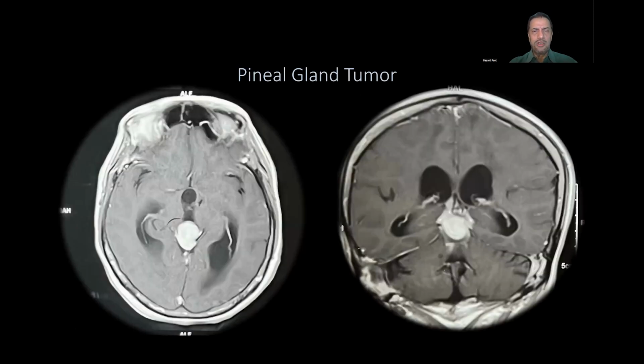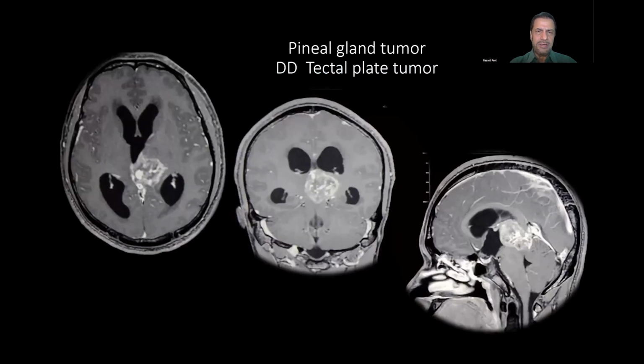And this is a pineal gland tumor, which is quite brightly enhancing, in the posterior aspect of the third ventricle. And there's also hydrocephalus on both sides, as you can see. Another case of pineal gland tumor, but this one is quite big.